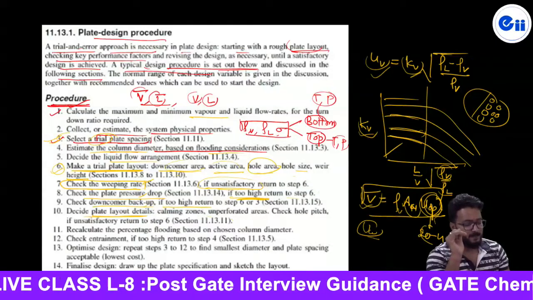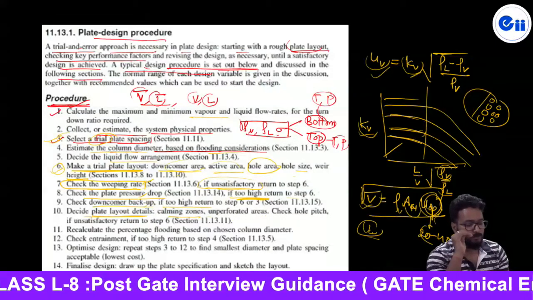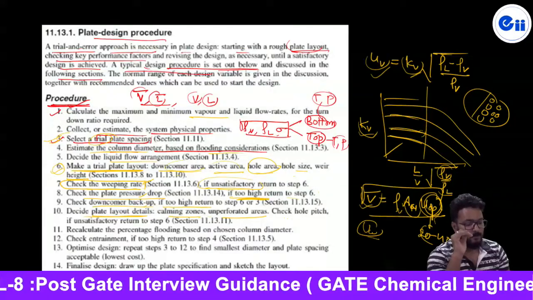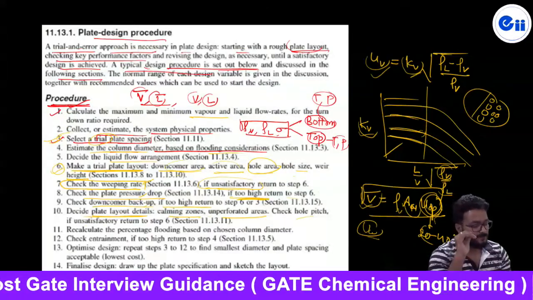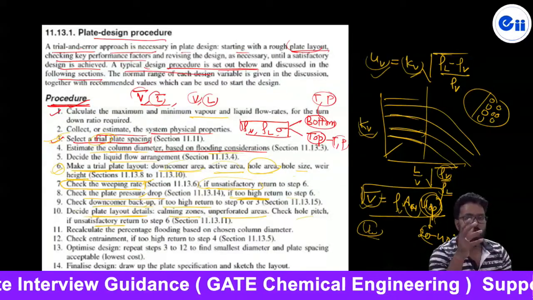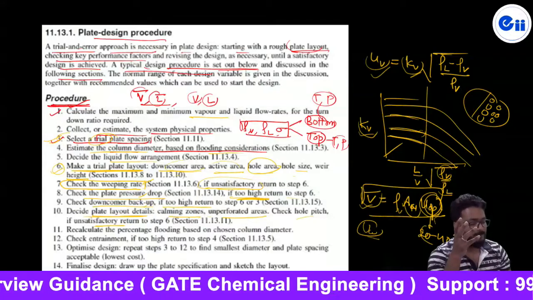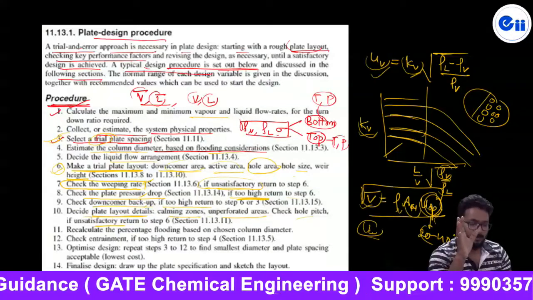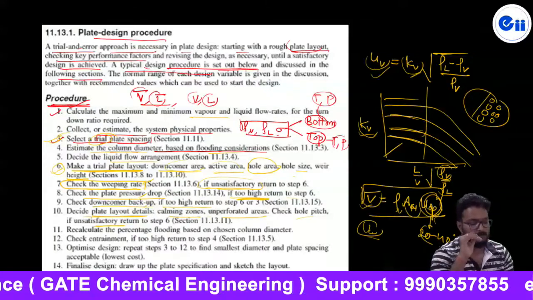In this case we will calculate the calming zone, unperforated area, and check the hole pitch. If satisfactory, then clear. Otherwise we should go to step number 6 again.